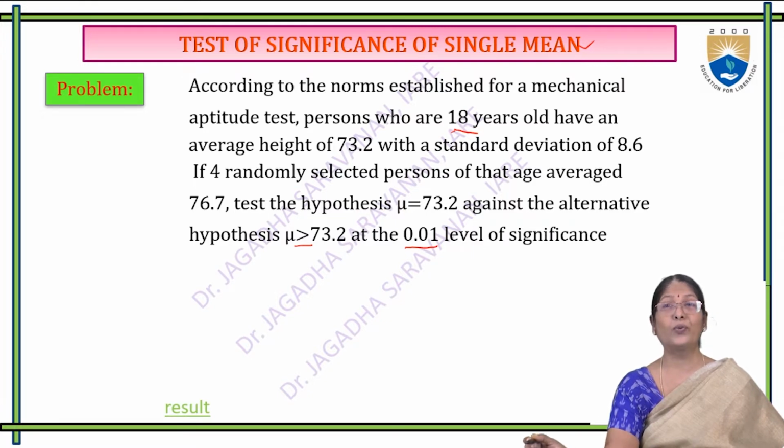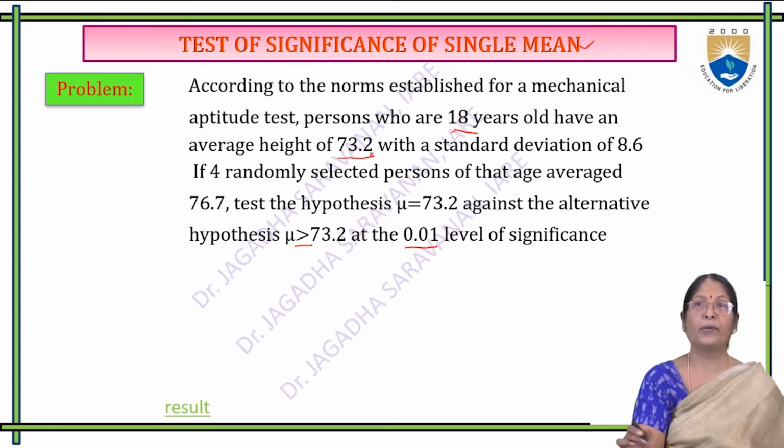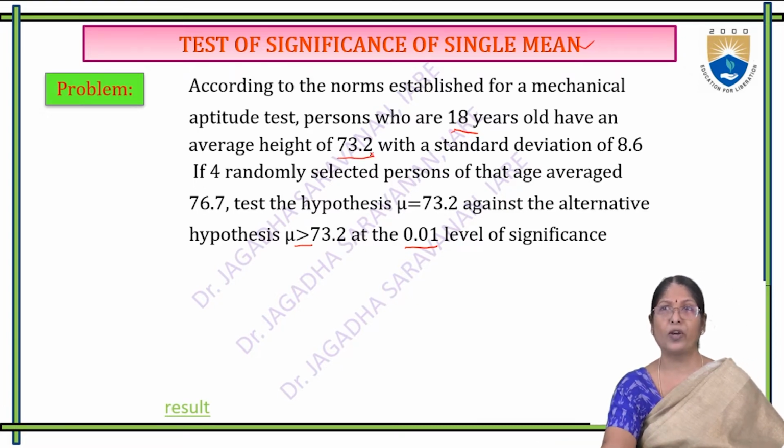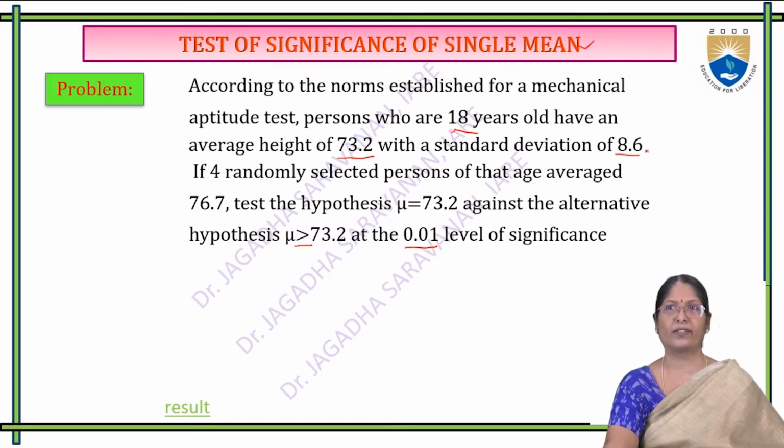Instead of that, the mean of all the students, that is the sum of their values divided by the number of students, is the average formula. So the average is mathematically the mean 73.2 and the standard deviation is 8.6.